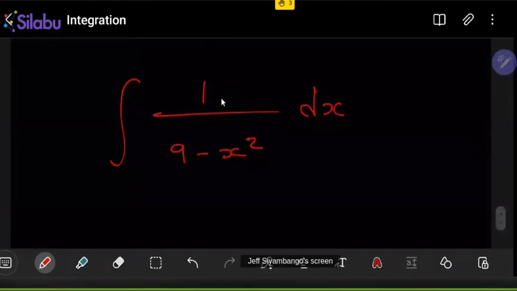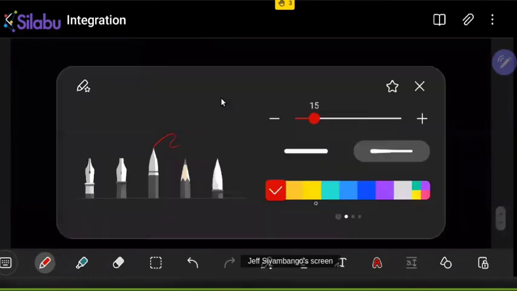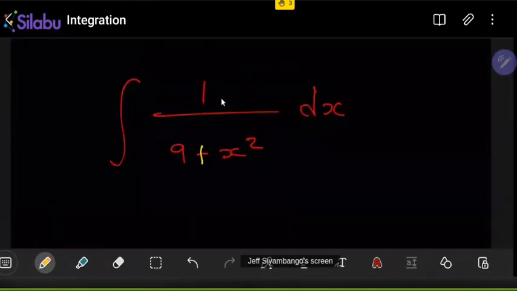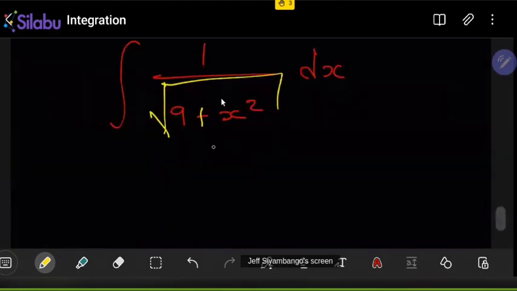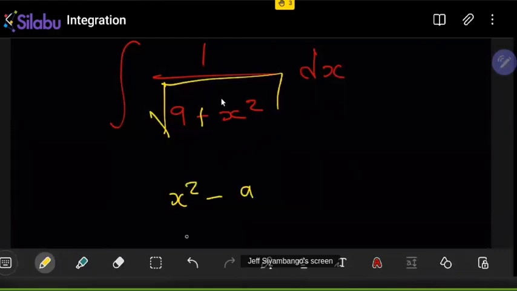Because if it were tan, you know this was supposed to be positive. And if it is cos or sine, then you know this is supposed to be a square root. Then for the hyperbolic substitutions, it's supposed to be x squared minus the number, but they also deal with the square root.